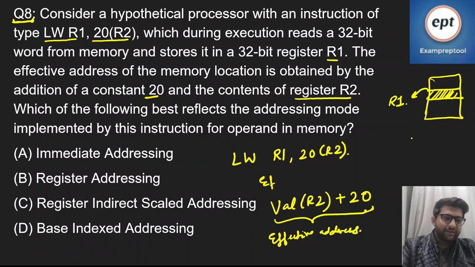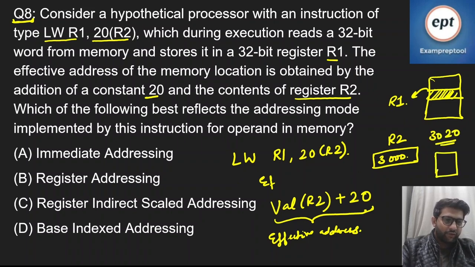What that means is, let's say the register R2 stores the value 3000. Then the effective address will be 3020, and the operand will be stored at this particular location.